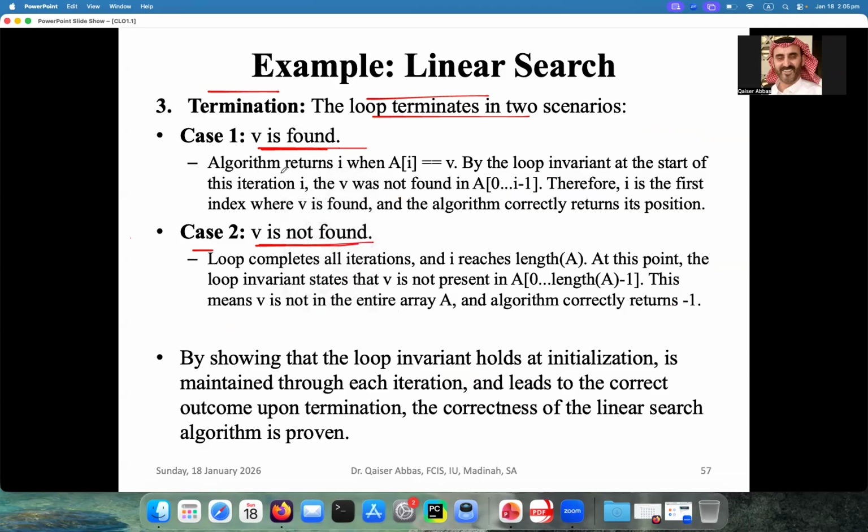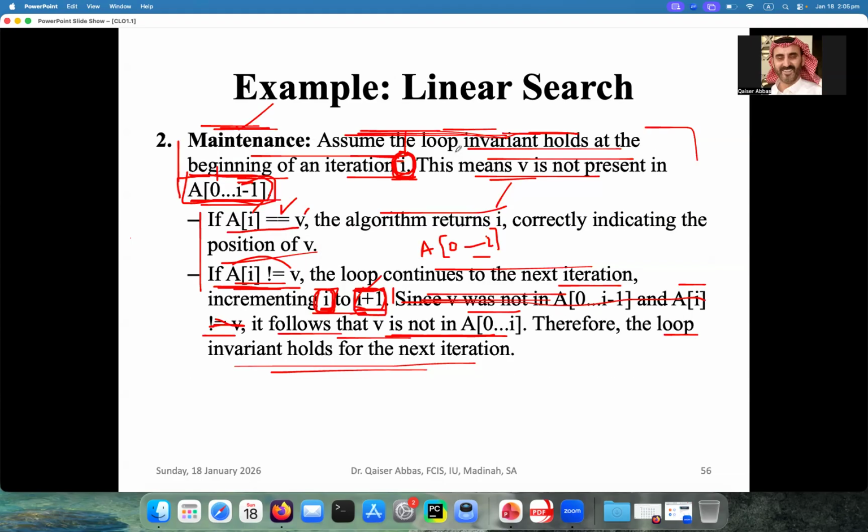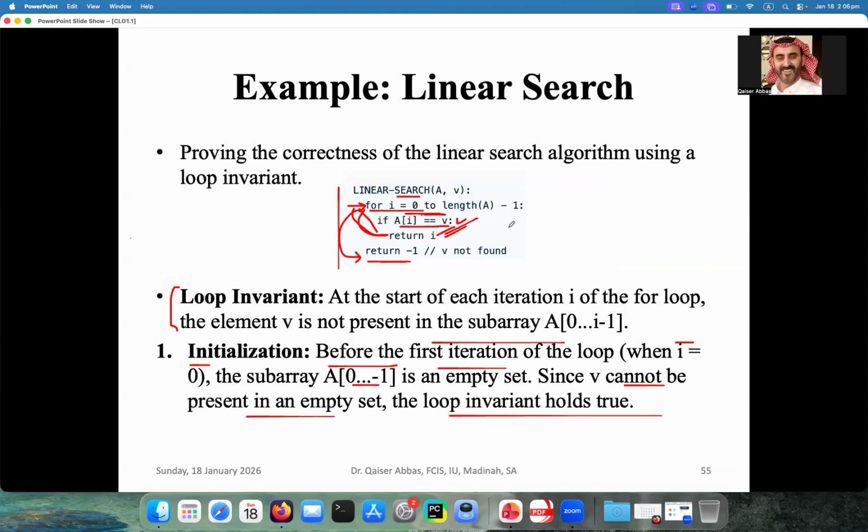The algorithm returns i, and here I have written those sentences so that when you go home and read, you will understand what is written there. The algorithm returns i when A[i] equals V. Here you can see the algorithm is returning i.